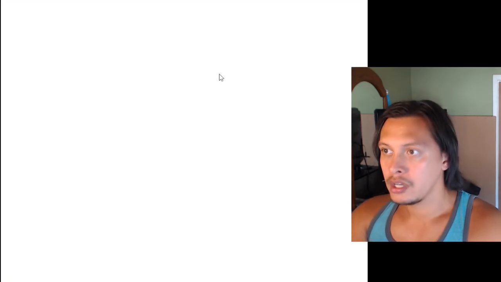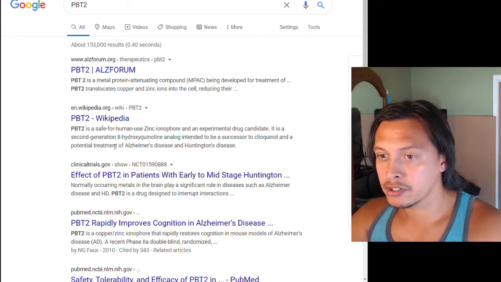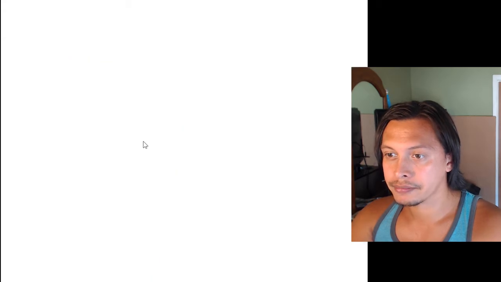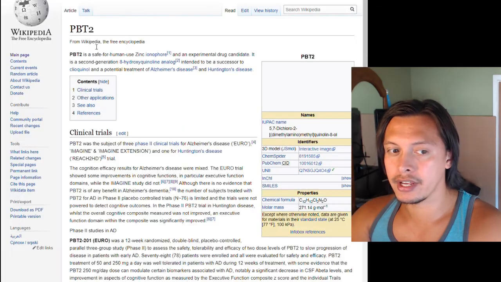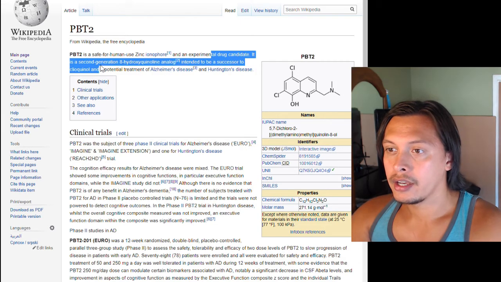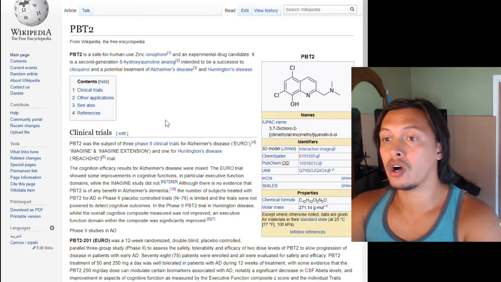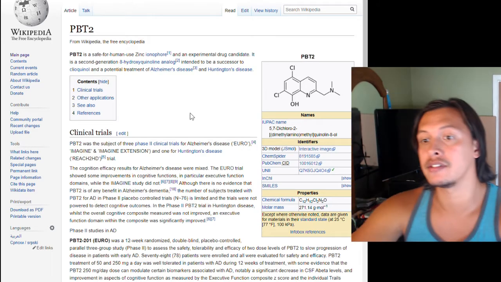So what is PBT2? It's a zinc ionophore and an experimental drug candidate, and it's intended to be a successor to clioquinol, which is a potential treatment for Alzheimer's disease and Huntington's disease.